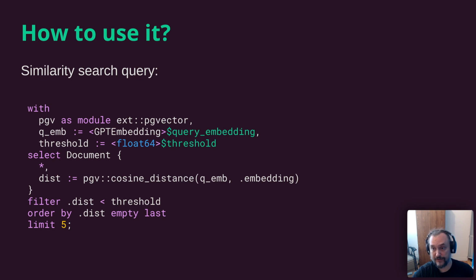The smaller the distance, the greater the similarity between the document and the query. So we add this cosine distance as a computed value to our results, and then we use it to filter the results so that only the relevant things show up in our search based on the threshold, as well as we order the results by this distance in order of relevance.